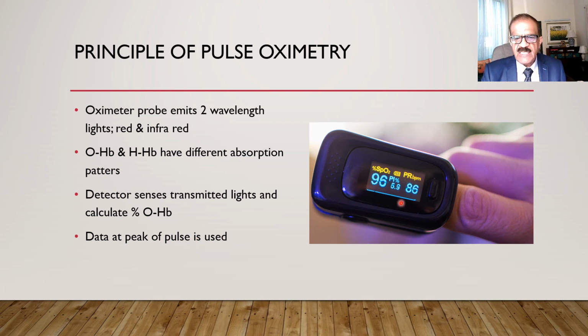So this device first detects the pulse, and the data of these lights at that time is used to calculate oxygenated hemoglobin, because that is predominantly arterial blood and that is what we are interested in. So this is the concept of pulse oximetry. It measures oxygen during an arterial pulse.